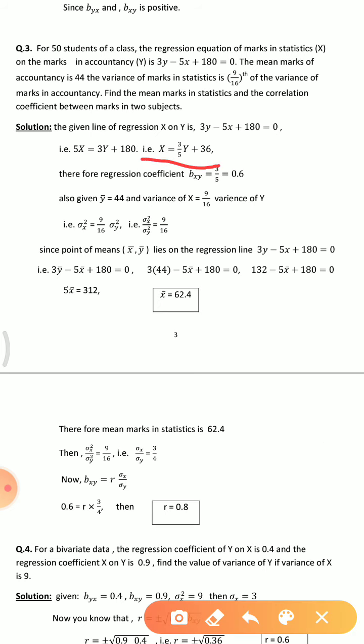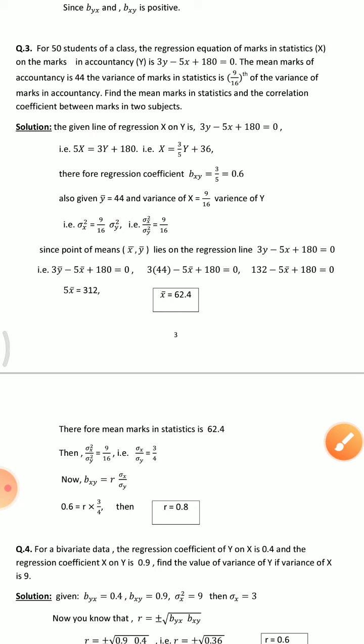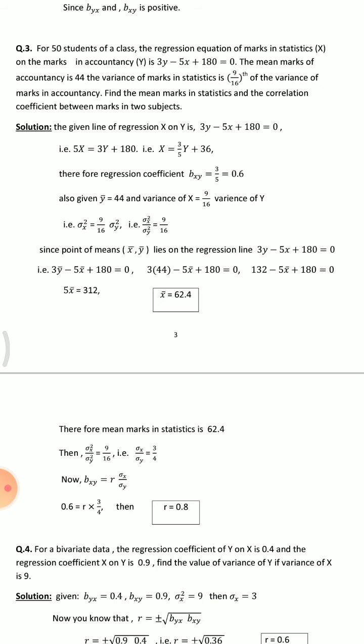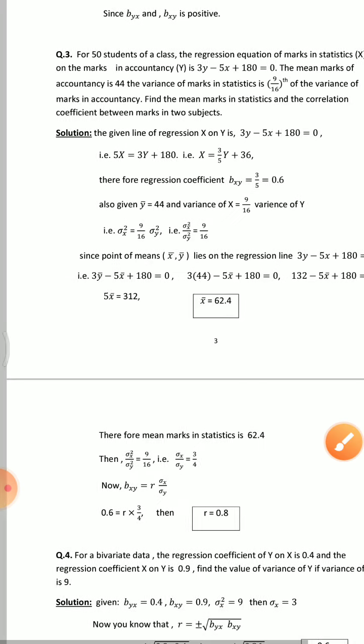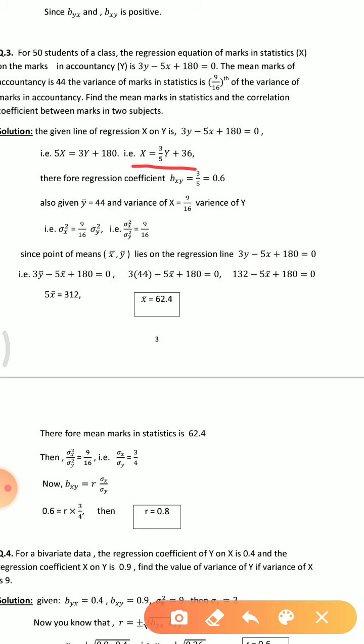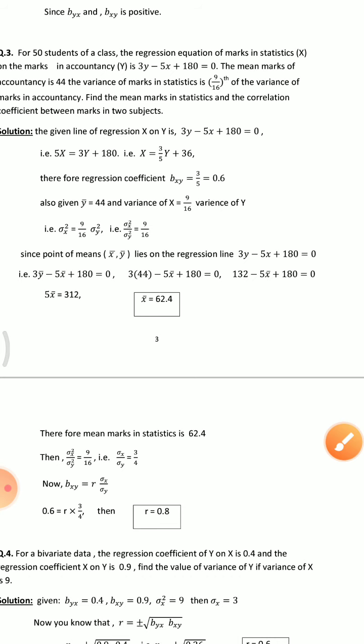That is, x is equal to 3 by 5 y plus 180 upon 5. 5 ones are 5, 5 threes are 15, remaining 3, 0 here, 5 sixes are 30. That is equal to 36. That means x is equal to 3 upon 5 y plus 36 here.